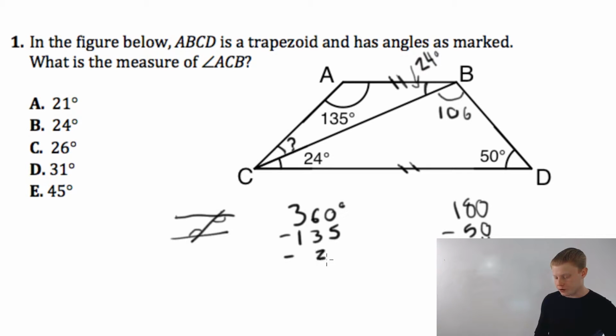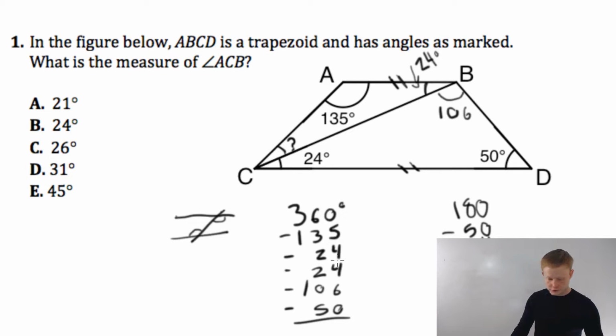Believe it or not, that's a pretty common mistake. 360 minus 106 minus 50, and so on. That's quite a lot of subtraction, so let's do that real quick. I get 21 as my missing angle, and that makes sense. So A is my answer that way.